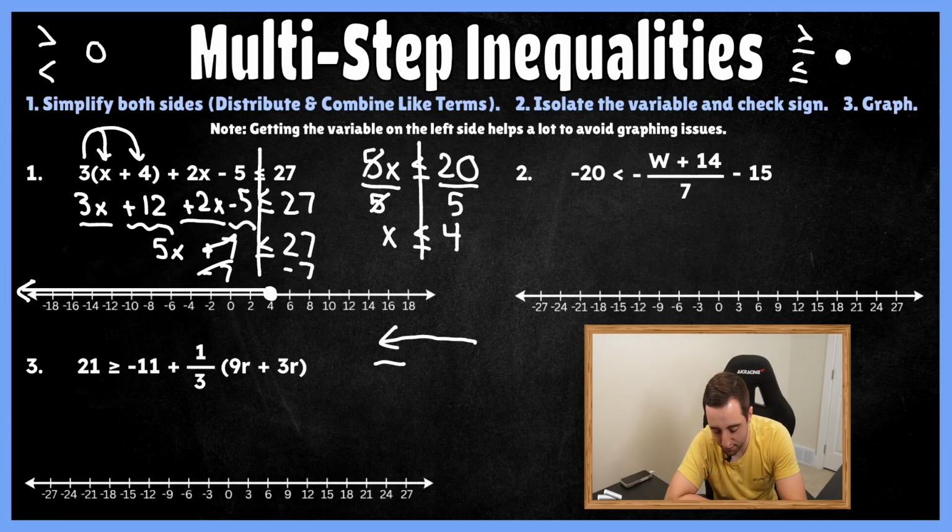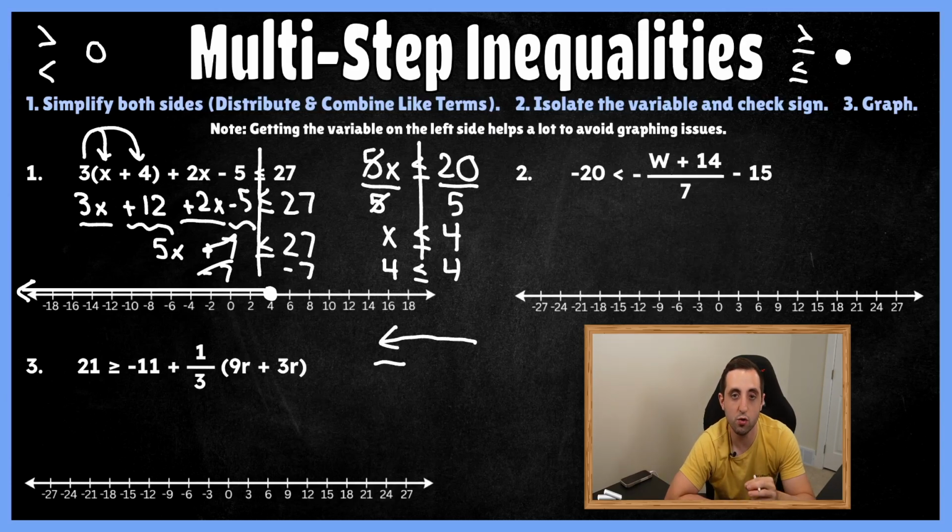If I plug that in for the variable, -12 is less than or equal to 4, well, that inequality is true. And a closed circle means that if I use that number on the closed circle, in this case 4, and I plug it into my inequality, it's also going to make the inequality true. So a closed circle means that number is part of the solutions that make the inequality accurate, right?